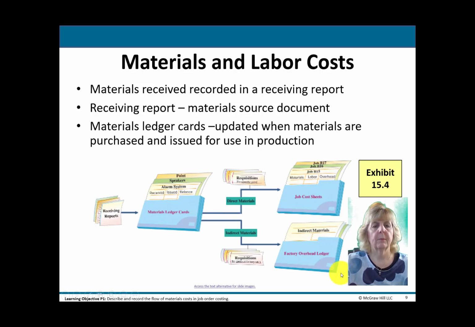We'll take a look at materials ledger cards, which control the materials coming in and out. And we'll see how materials are charged either to WIP if they go to a specific job, or to factory overhead if the materials are being used for general factory use.